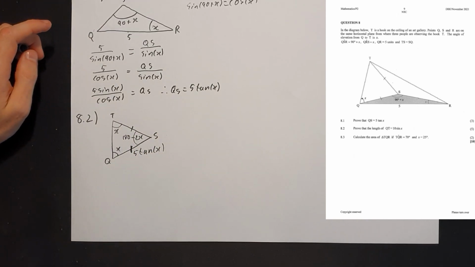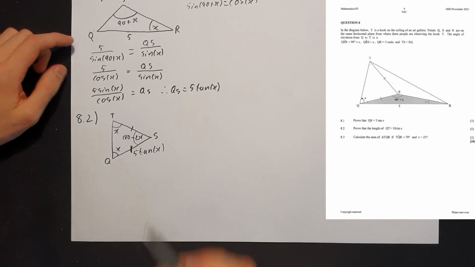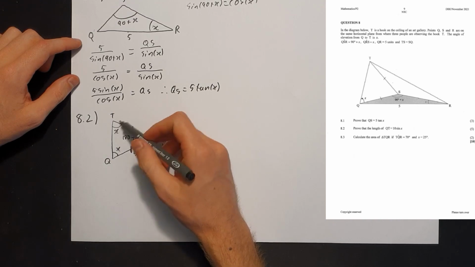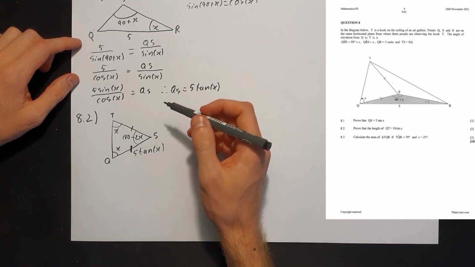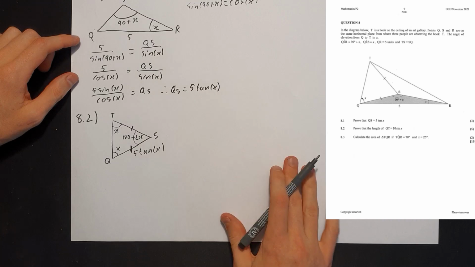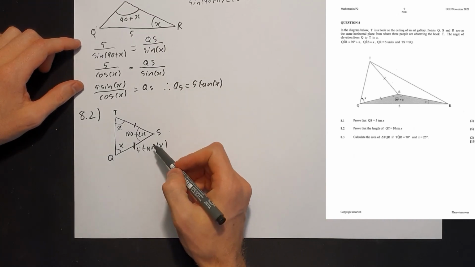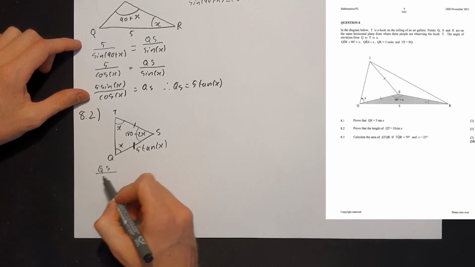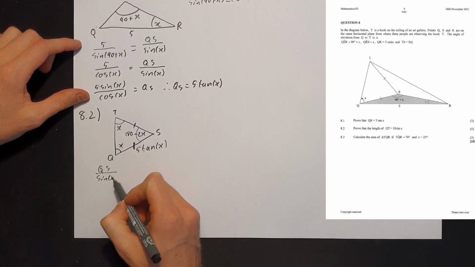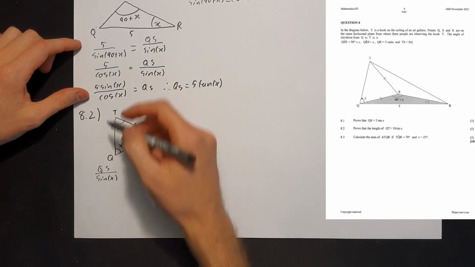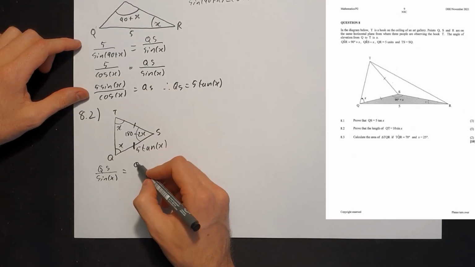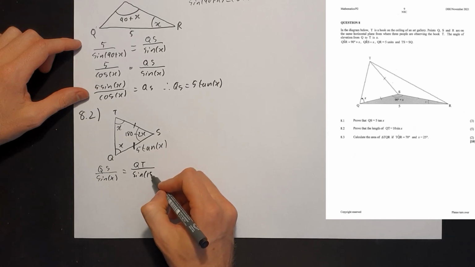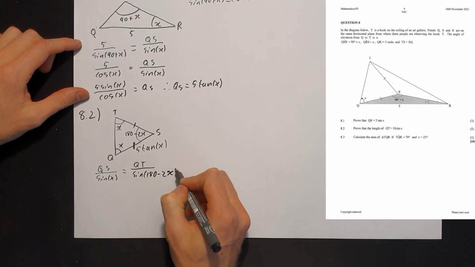If we now use the sine rule, we have this side, we have all the angles. You can't use the cos rule, you have to use the sine rule. So let's have a look here. We're going to say QS over sine of X equals QT over sine of 180 minus 2x.